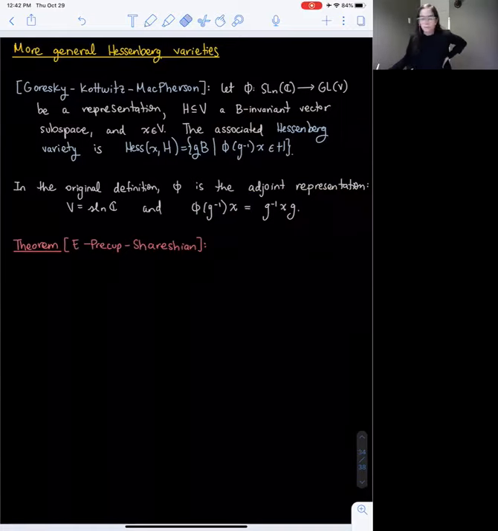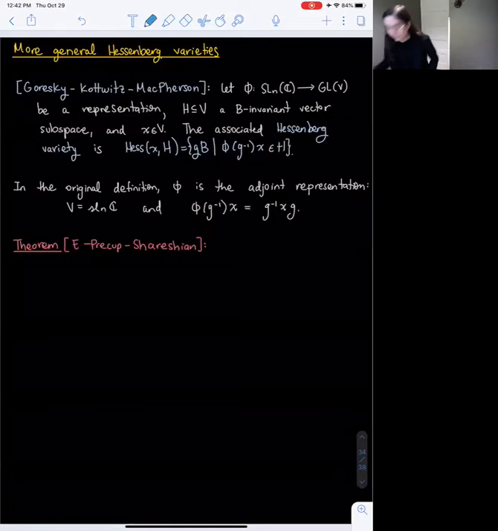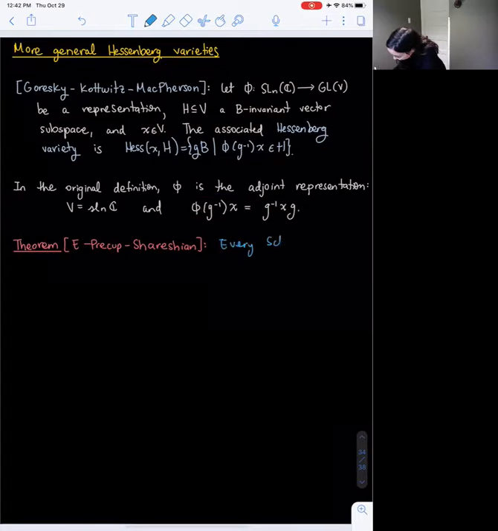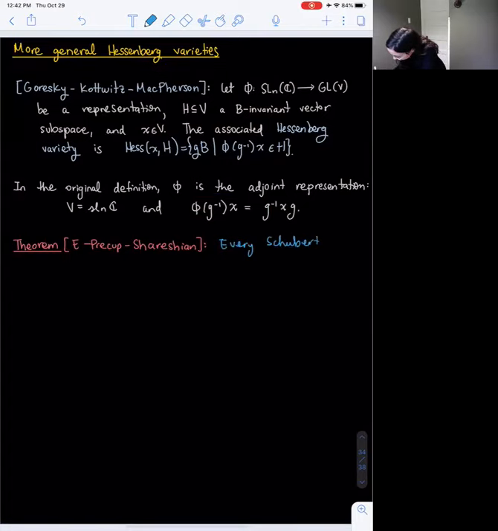So our theorem is going to be as follows. In this case, when we go to this very general setting, every Schubert variety is a Hessenberg variety of this form. I'll put it in parentheses, but this holds for any Lie type. And if I wanted to do it for any Lie type, I should replace this SL_n by its corresponding Lie group.